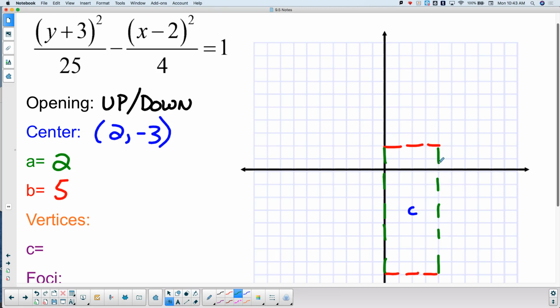Russell, what would you do next? Okay, we could find vertices now, sure. You want to find vertices or something else first? Since it opens up and down, where are the vertices going to be? Shaquia?